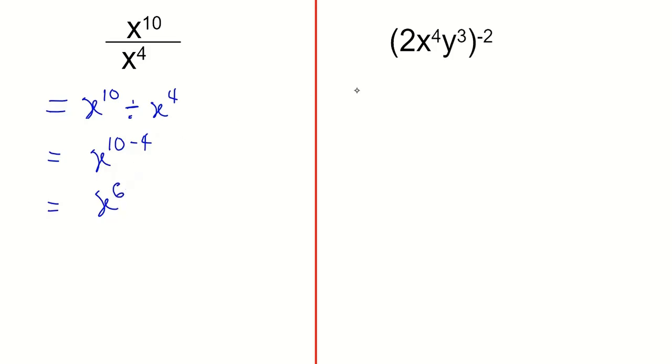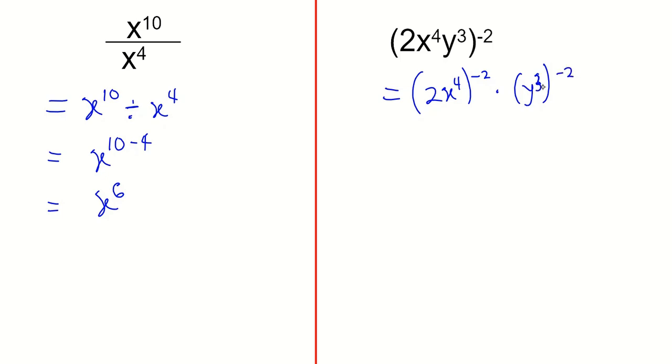Now with the last one, we have (2x exponent 4 multiplied by y exponent 3) all exponent minus 2. With this one, we can see that the negative 2 is going to affect whatever is in the bracket. So at the end, we have (2x exponent 4) all exponent minus 2 times (y exponent 3) all exponent minus 2.